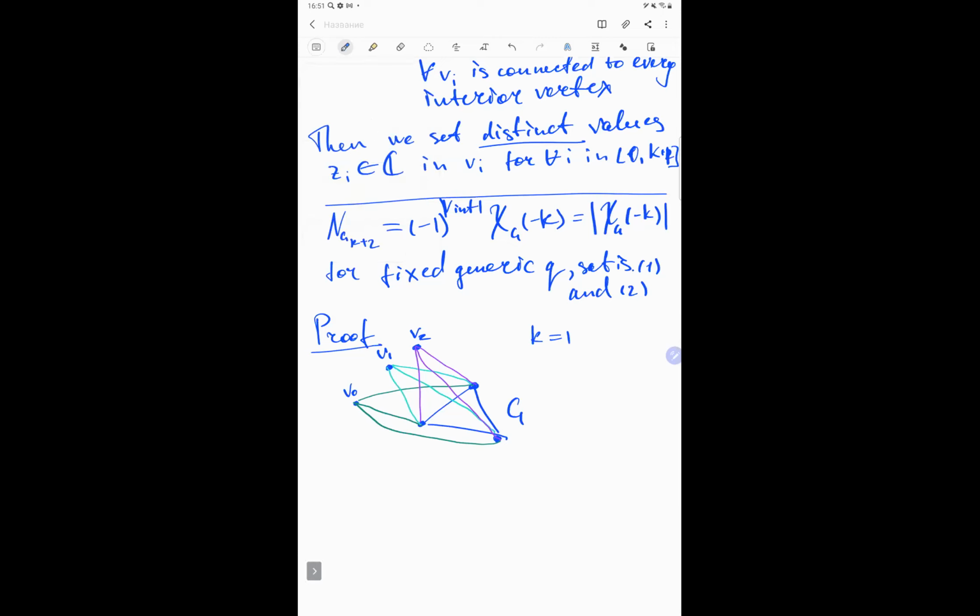In this case, we know the chromatic polynomial, it is C times C minus 1 times C minus 2. But it's a chromatic polynomial of a triangle, but we have a big... Yeah, but we are taking the value of the chromatic polynomial of the triangle at the point negative k.